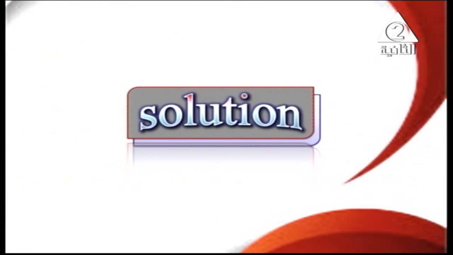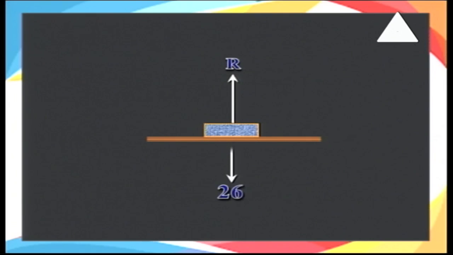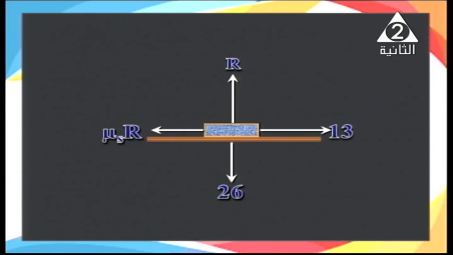Look at, my dear student, the solution. Look at the body on a rough plane. It has weight 26 and normal reaction R. We have two forces acting on the body, 7 and 8, and the angle between them is 60.